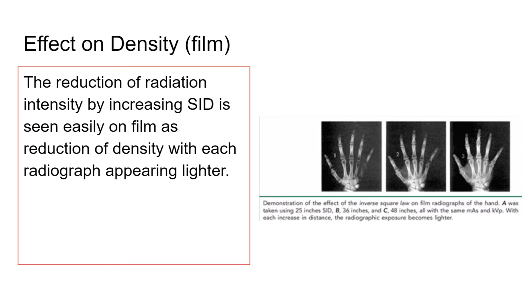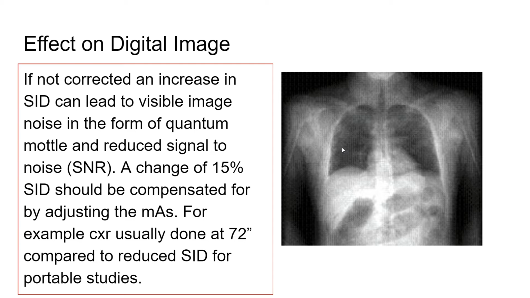The idea was digital imaging would lower radiation dose to the patient, and that's true if used properly. When you don't use enough exposure, that's the only time, besides the exposure indicator being off, where you might actually see it represented in the image as noise or quantum mottle, a grainy appearance.